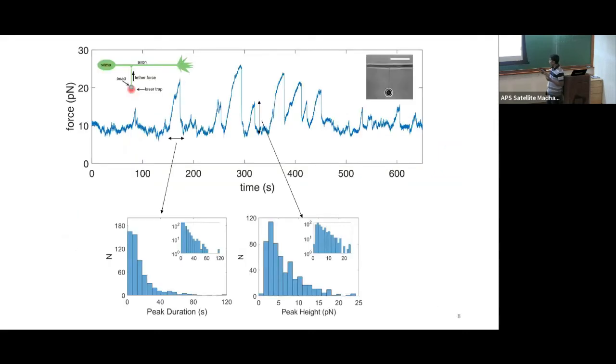We studied these two quantities: the distribution of the duration for which one peak lasts, and how high it goes. We see it follows an exponentially decaying distribution, which tells that the process might be stochastic.